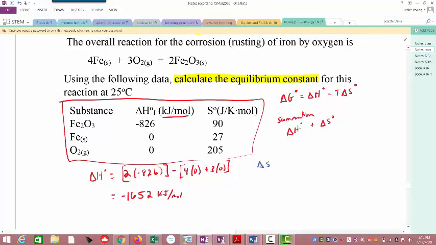For delta S, we have 2 times our iron oxide, which is 90, minus 4 times iron, which is 27, and 3 times oxygen, which is 205.